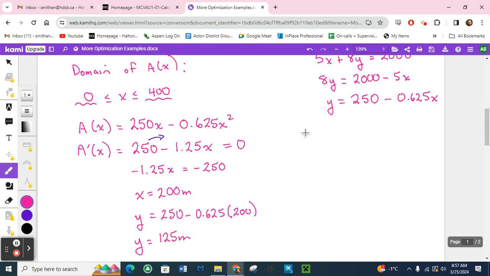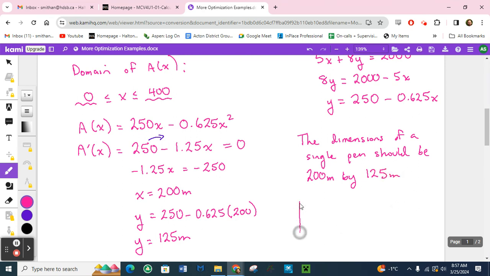All right, let's wrap this up. Maybe off to the side here, the dimensions of a single pen should be 200 meters by 125 meters.